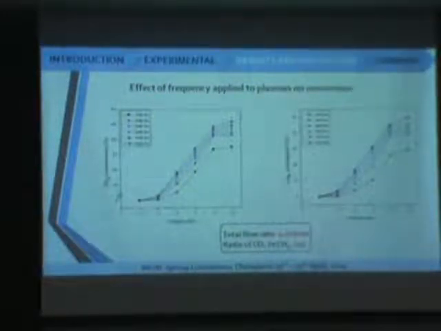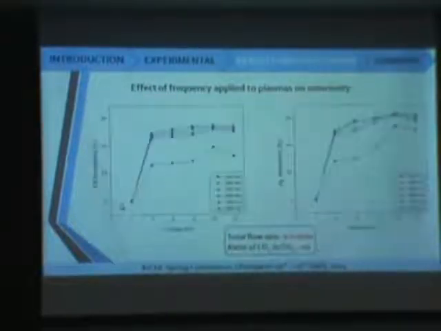As the figure shows, with increased voltage and frequency applied to the plasma, the conversion of carbon dioxide and methane increases, because we add more energy to generate radicals inside the plasma zone. So that's why the conversion of both gases increases.